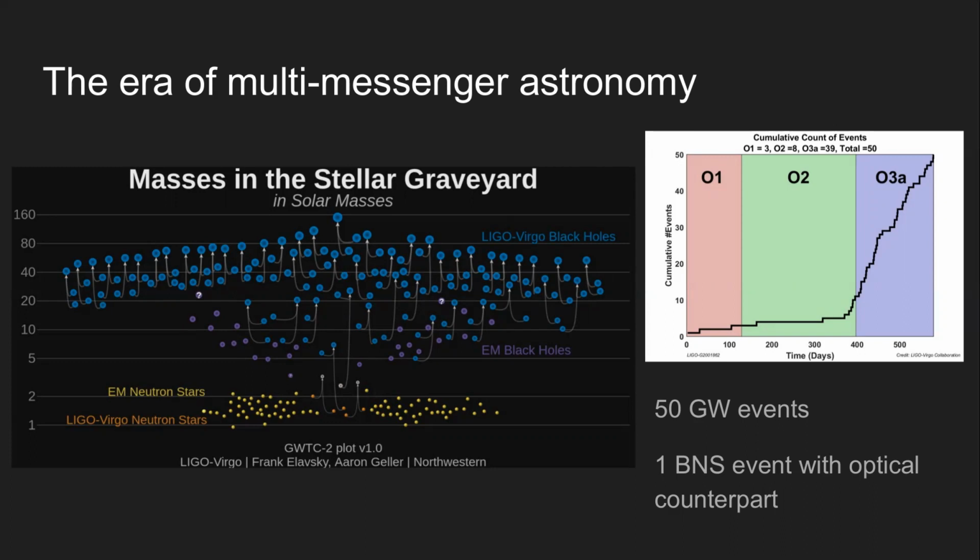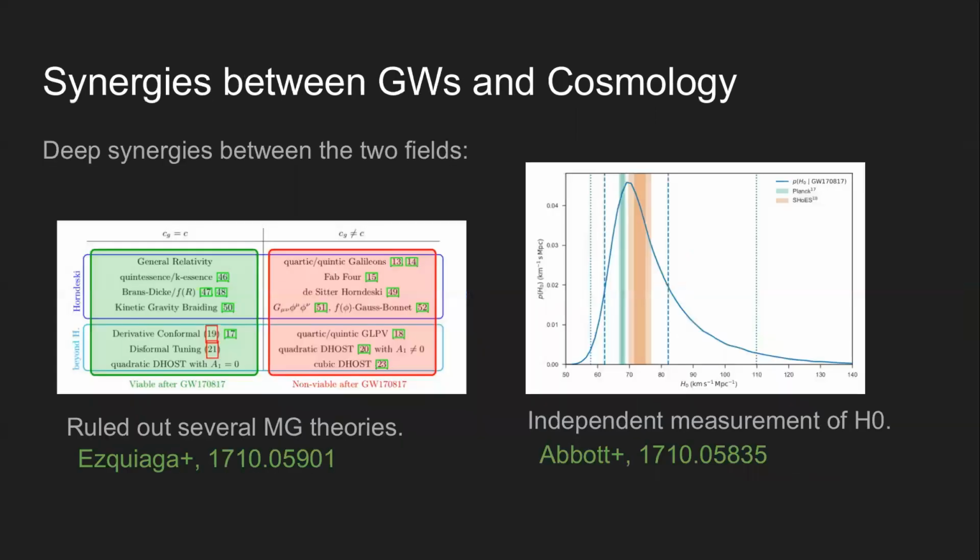In particular, one binary neutron star merger had a huge impact, and really showed how gravitational wave detection and cosmology can work in synergy to accomplish different goals.